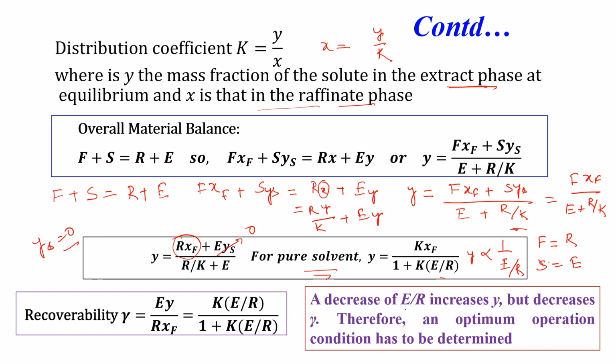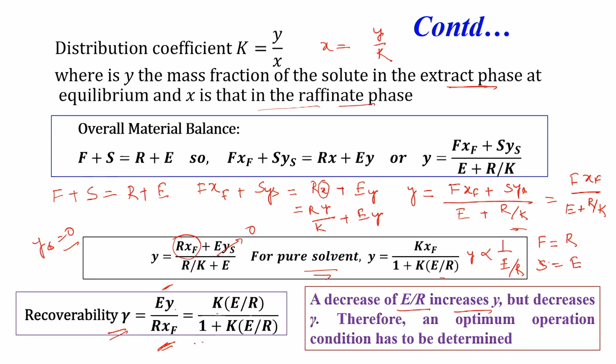So, it says a decrease of E to R increases Y, but at the same time if you see the recoverability, which is defined as E into Y upon R into XF, what is recovered in the extract and what was initially there in the feed, it can be again rearranged in terms of E and R. So, we will end up with K into E/R divided by 1 plus K into E/R.